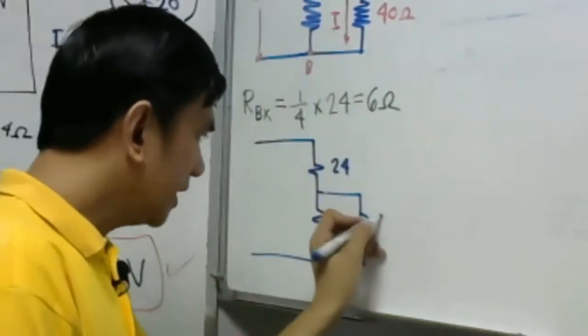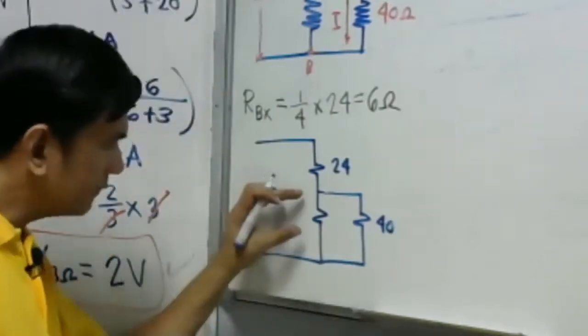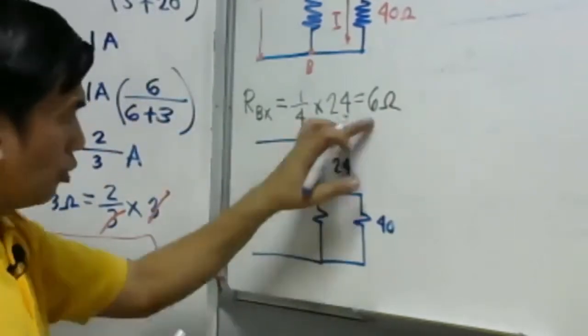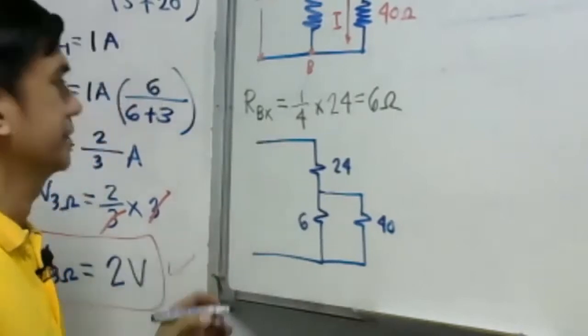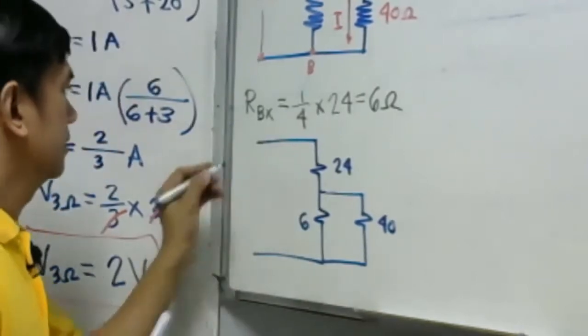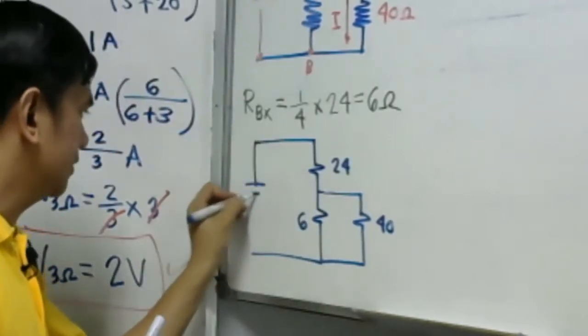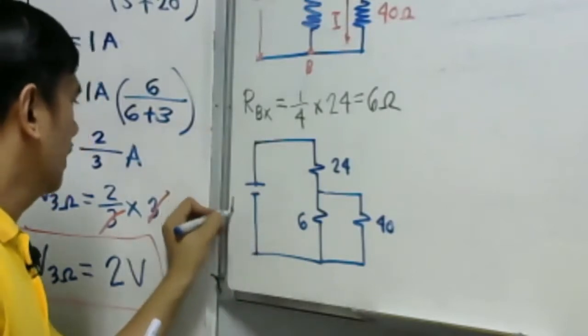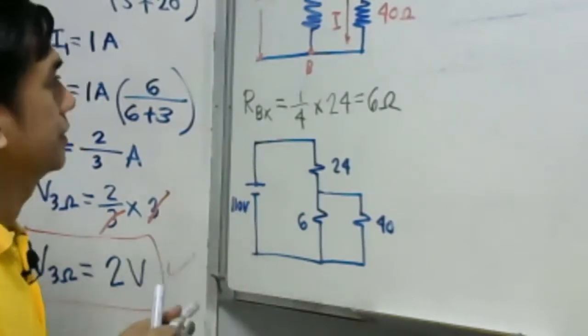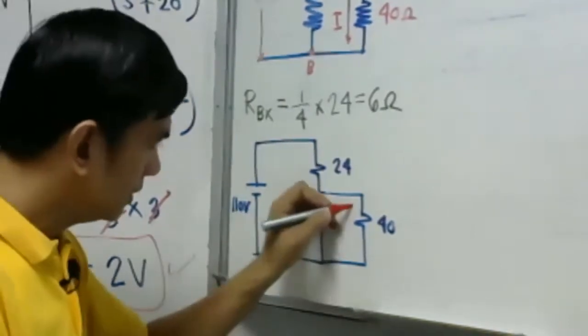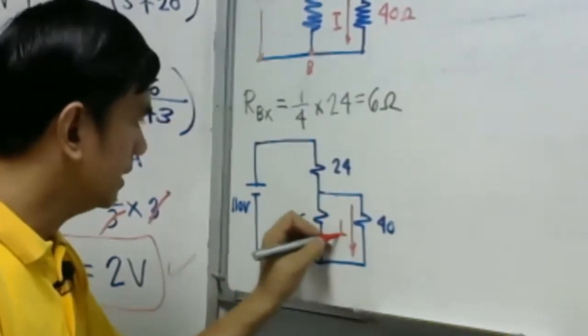We have here 40 ohms. Then we have here the 6 ohm resistance. Of course, we have our voltage source, 110 volts. Then our current here is current I.